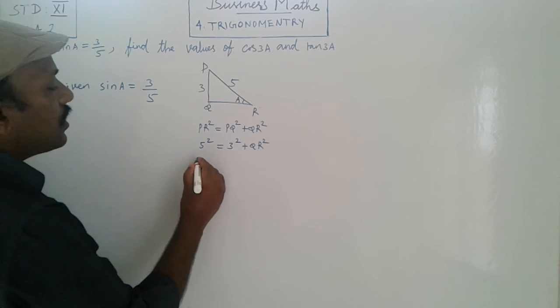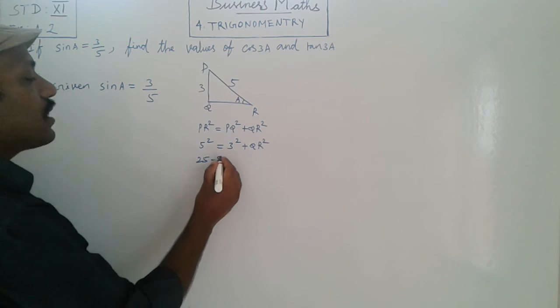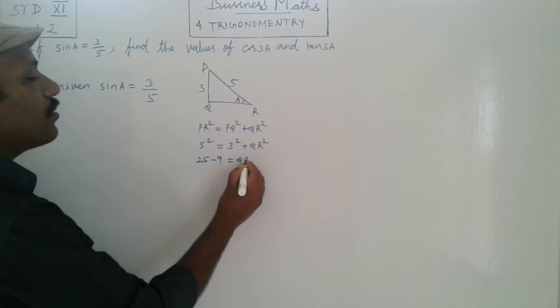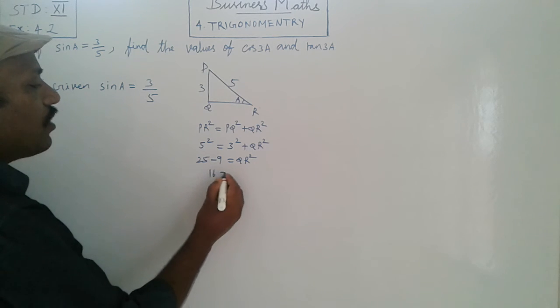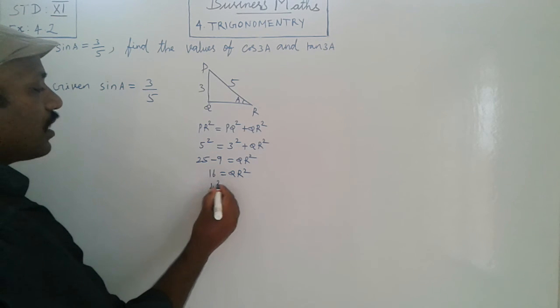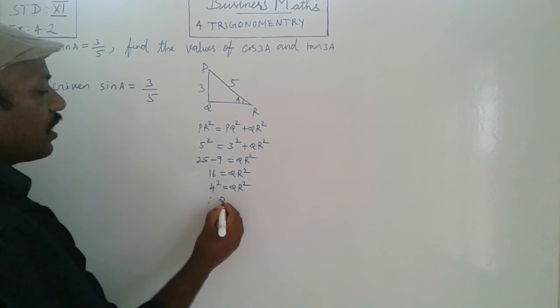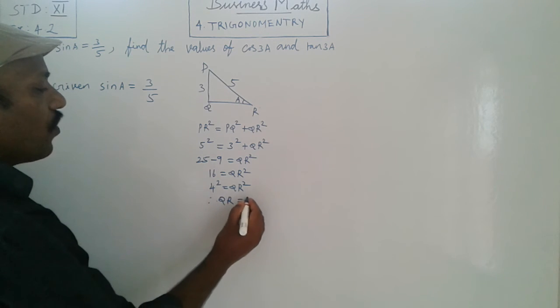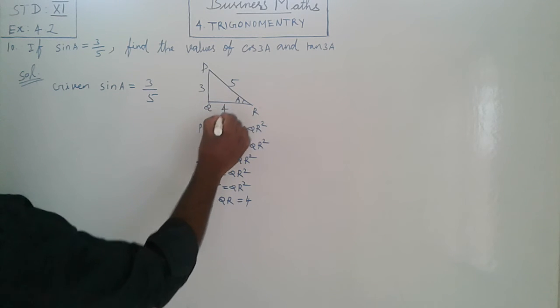So 5 square is 25, 3 square is 9. Take left, 25 minus 9 equal to QR square. 25 minus 9 is 16 equal to QR square. 16 is 4 square. Therefore QR equal to 4, taking the square root.